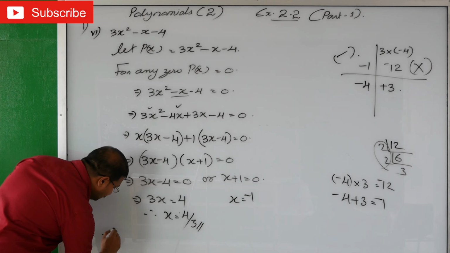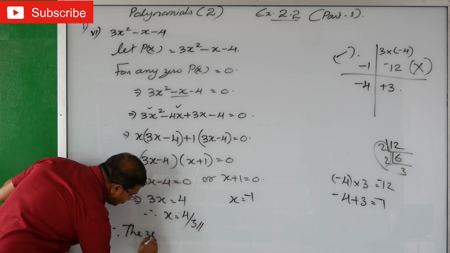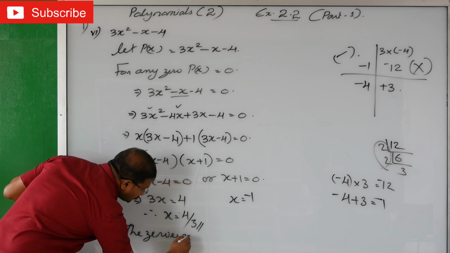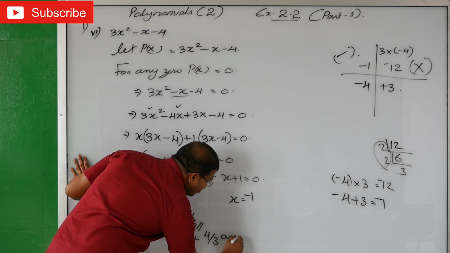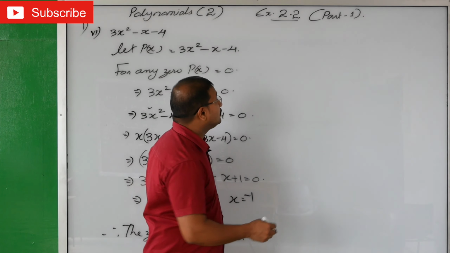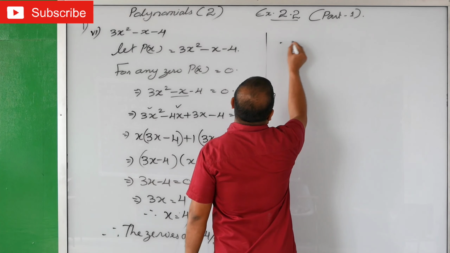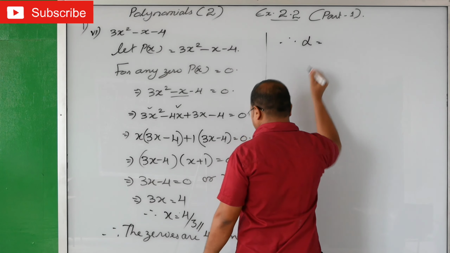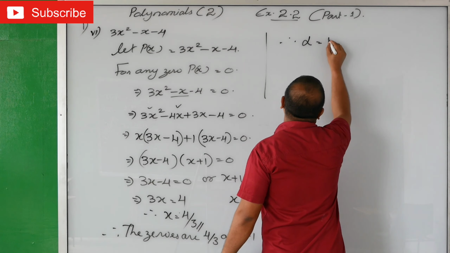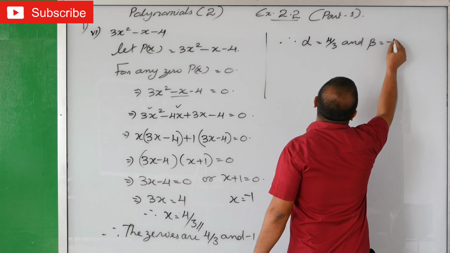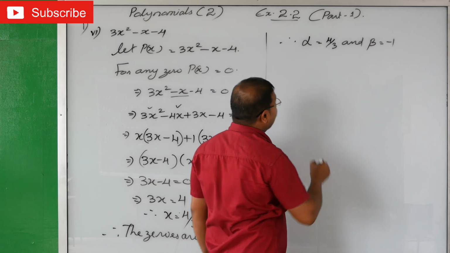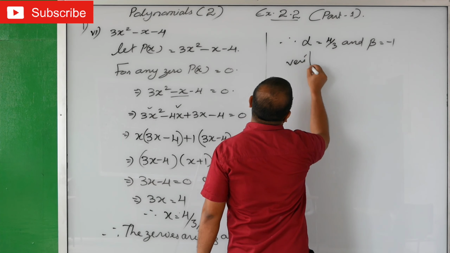Therefore, the zeros are 4 by 3 and minus 1. That means what you can say? Therefore, the first zero, alpha, is 4 by 3 and the second zero, beta, is minus 1. Now we'll go for verification.